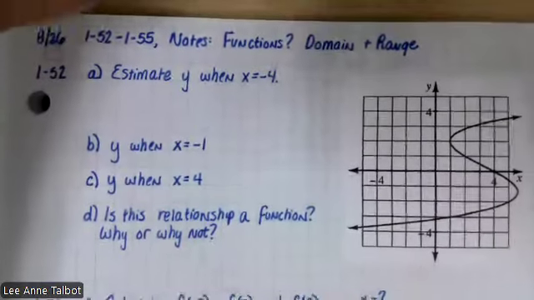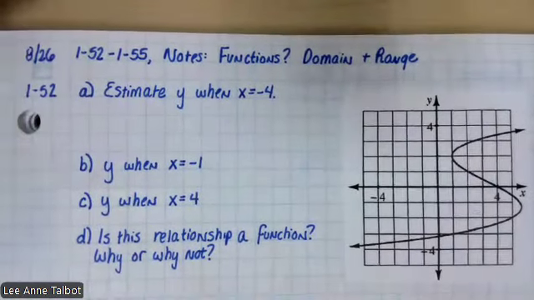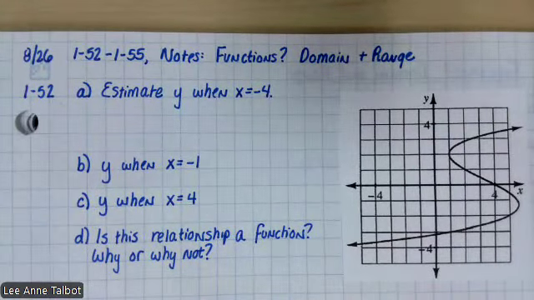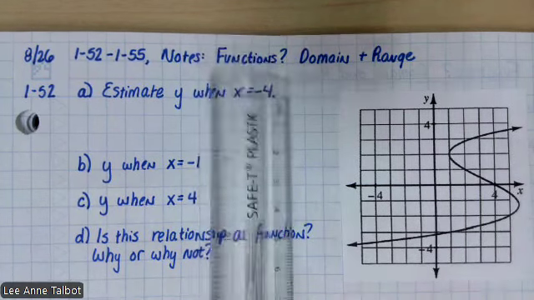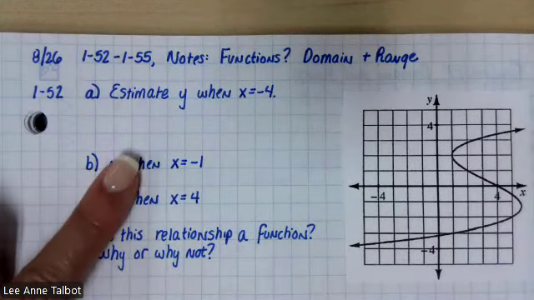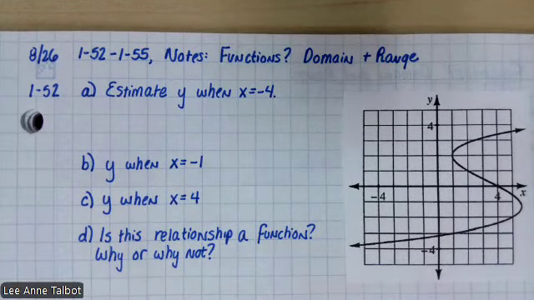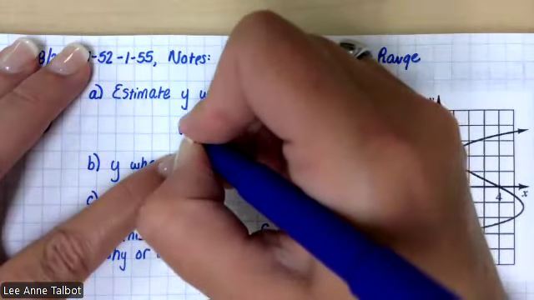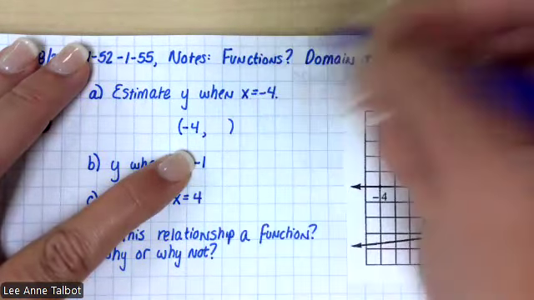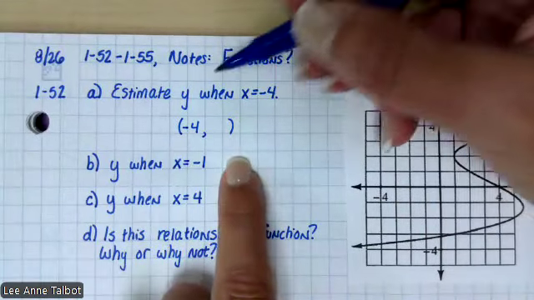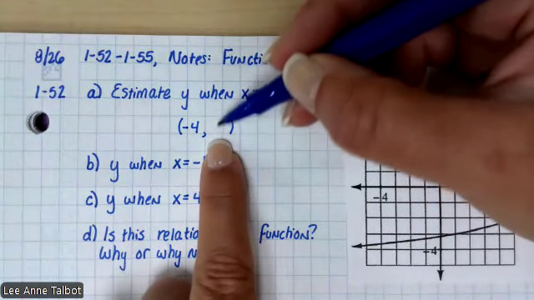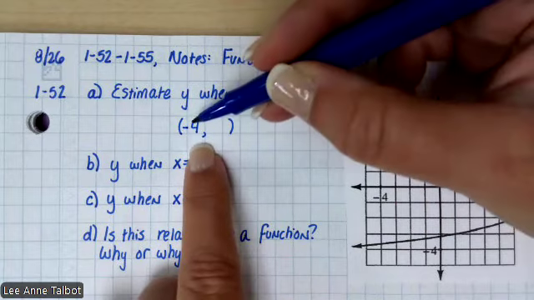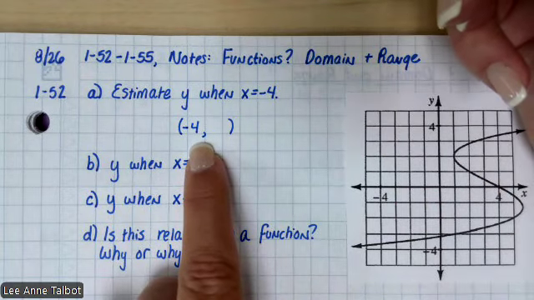Okay, problem is a review problem from yesterday. So this is the one where I used my straight edge and found the coordinates. And so this one says, estimate y when x is -4. That means I have -4 comma something. So estimate y, which is this coordinate, when x is -4, which is this coordinate.